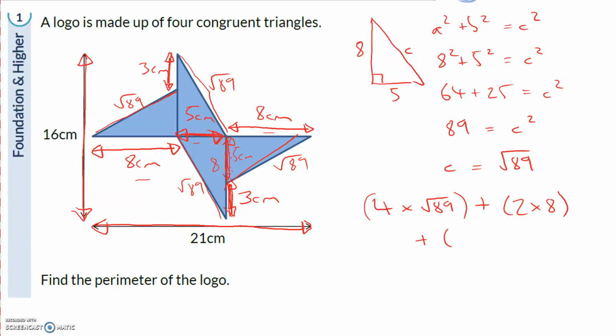And we've got 2 lengths of 3. I think that's right, 2 lengths of 3. Okay, so we've got 4 root 89 plus 16 plus 6. We've got 4 root 89 plus 22. Okay, so we could leave an exact answer, or we could grab a calculator.